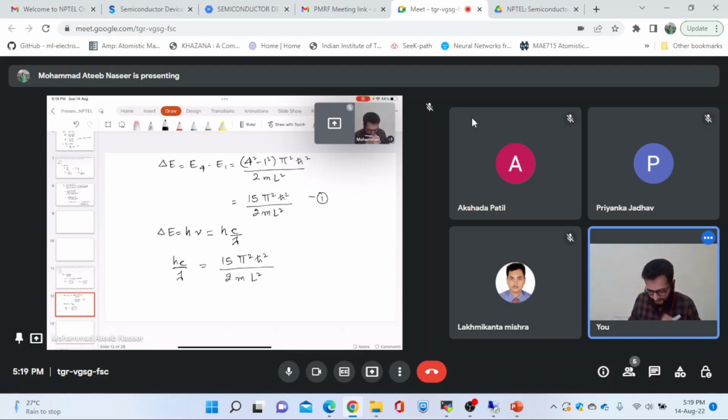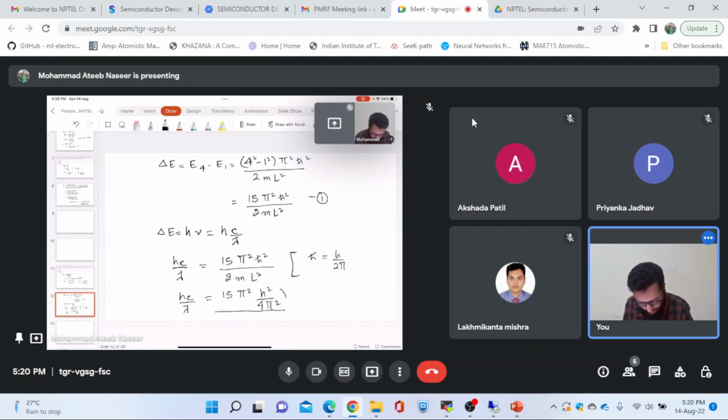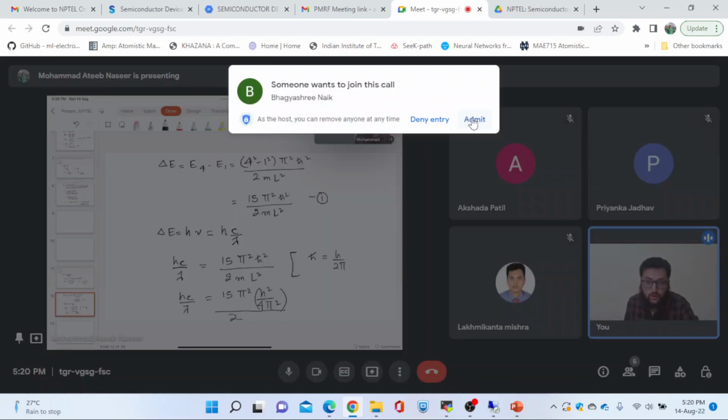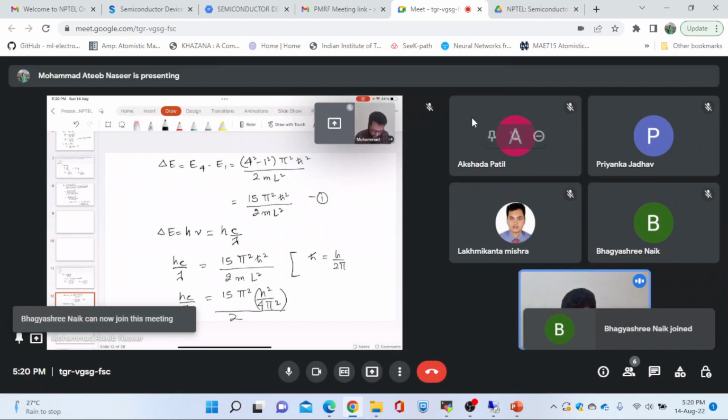Now we know that h bar is h by 2 pi. So this will become hc by lambda equal to 15 pi squared h squared by 4 pi squared by 2mL squared.